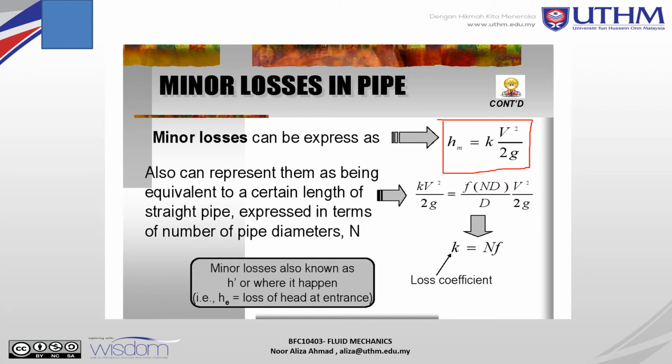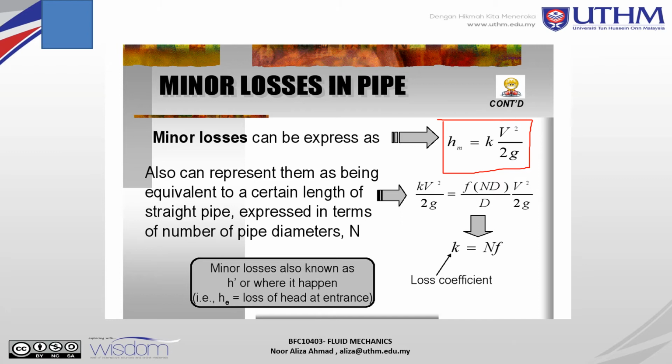Also, they can be represented as being equivalent to a certain length of straight pipe, expressed in terms of number of pipe diameters. K or an F is the loss coefficient here. Minor losses are also known by the name of where they happen.